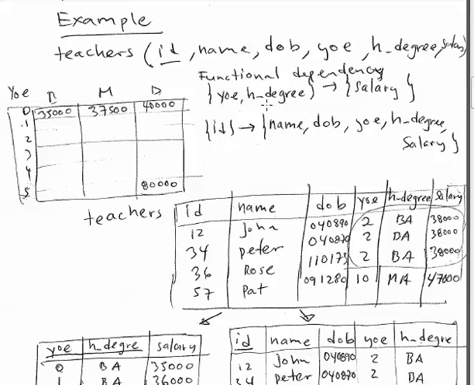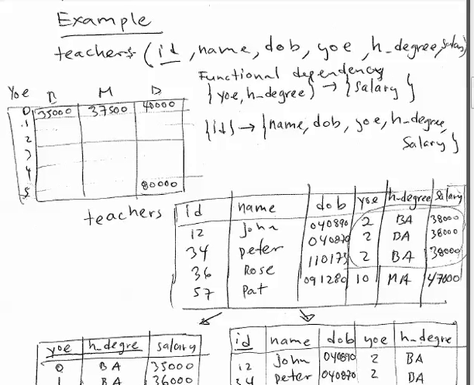First we said, well, what is wrong with this table? It looks okay: the identification of the teacher, the name, the date of birth, the years of experience, height, and degree, maybe bachelor's, master's, or PhD, for example, and a salary. Maybe we got that from the ER model, so it doesn't seem that there is anything wrong.